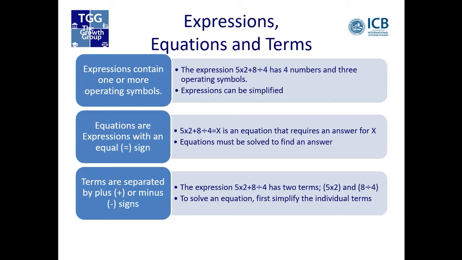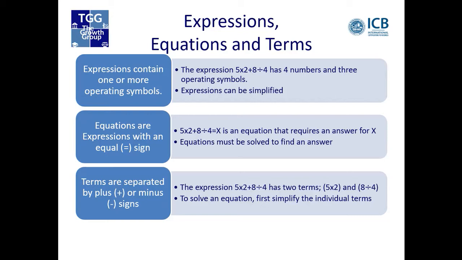If we take that same expression, 5 times 2 plus 8 divided by 4, and say it equals x, then it is an equation that requires an answer for x. Where expressions can be simplified, equations must be solved to find an answer.